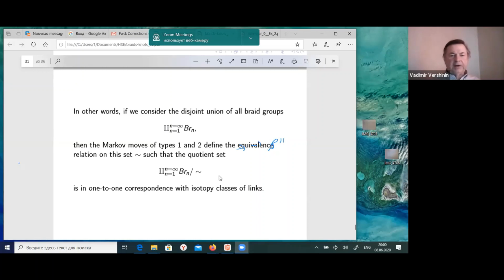And the reformulation of the Markov theorem says that this is equivalent to the isotopy types of links.